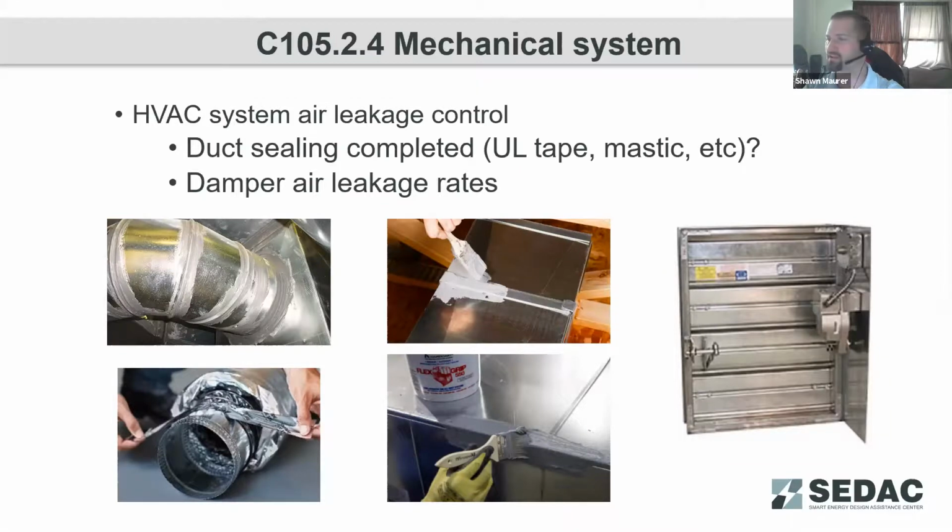Usually it's a label on the damper that's easy to check. But you're going to make sure that those dampers actually have full range of motion, that they're going to be able to fully close and seal with the proper pressure so that they actually meet those air leakage ratings that are on those damper systems.